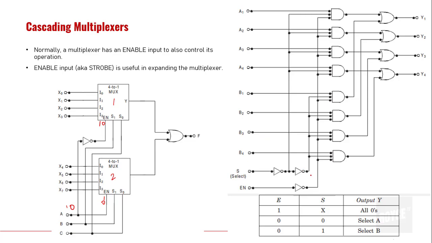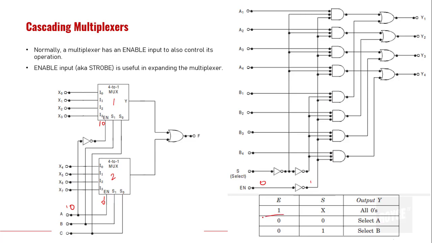Medyo iba lang yung ano niya dito kasi instead of choosing one from the other, as you can see here, the enable is for all. Ayan, no? Naka-common yung enable sa kanila. So, tapos naka-buffer siya. So, kailan ito gagana? Pagka naka-0 yung enable. 0 papasok sa NOT gate, magiging 1. Doon lang siya magiging enable.